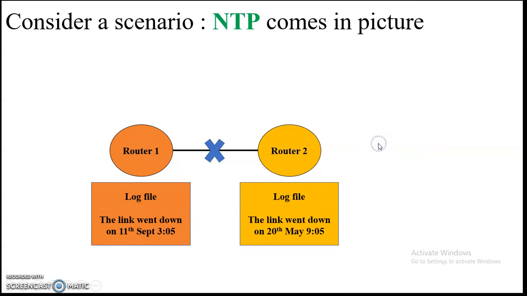The log file at router 1 says that the link went down at 11 September 3:05, and the log file at router 2 says that the link went down on 20th May 9:05. Actually, in real time, the link went down at the same time, but because the internal clocks did not sync, it was difficult to correlate the logs.